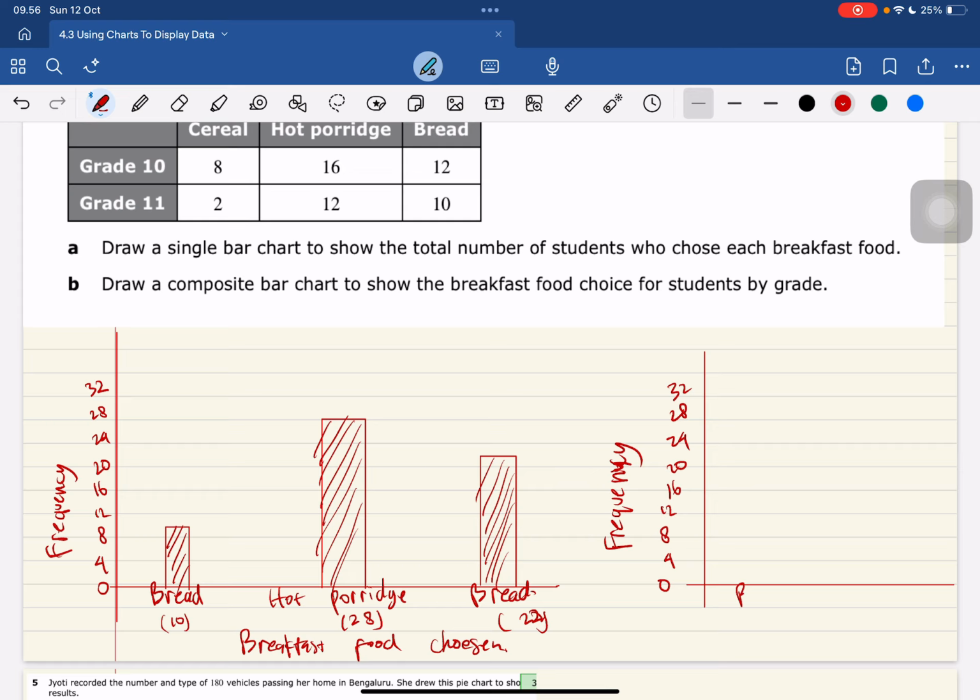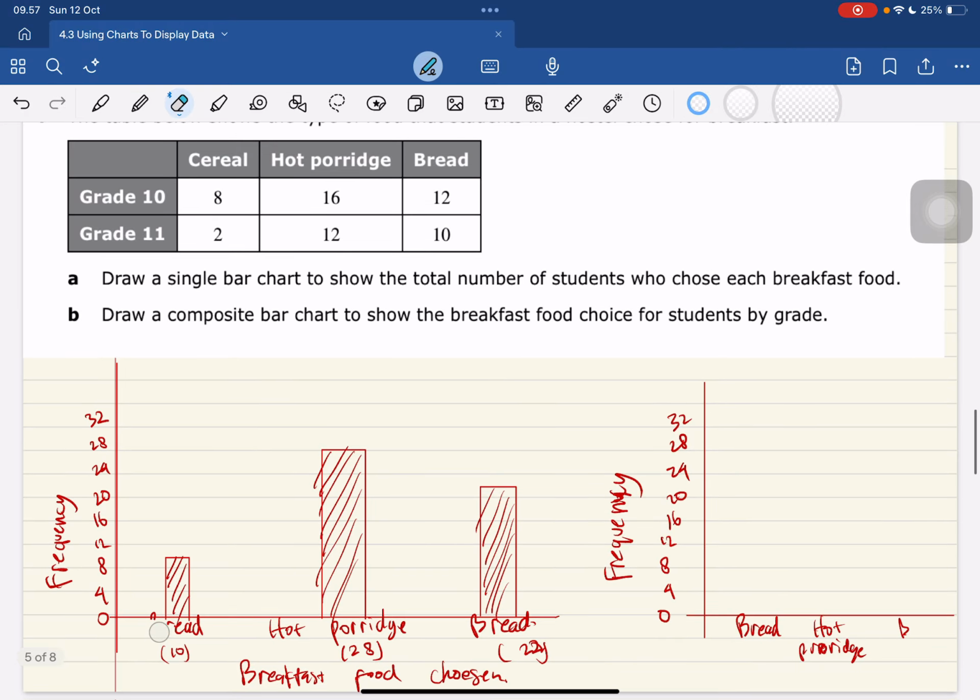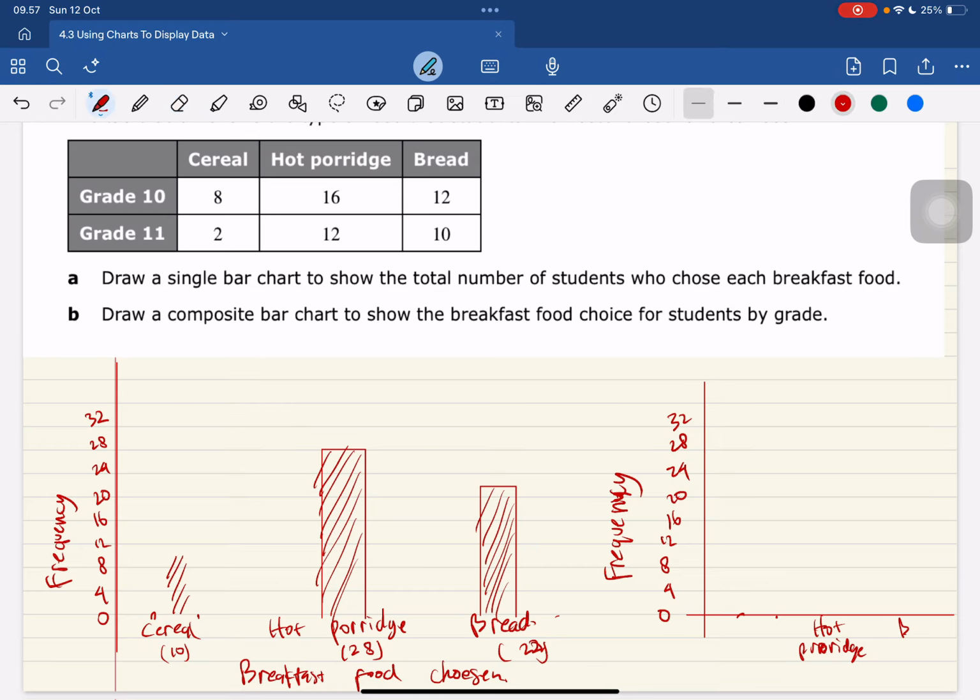Okay, this is bread, and then hot porridge, and then bread. Okay, my bad. So this is not bread. It has to be cereal. Also not bread. This is cereal. After that is bread. Okay, there it is.